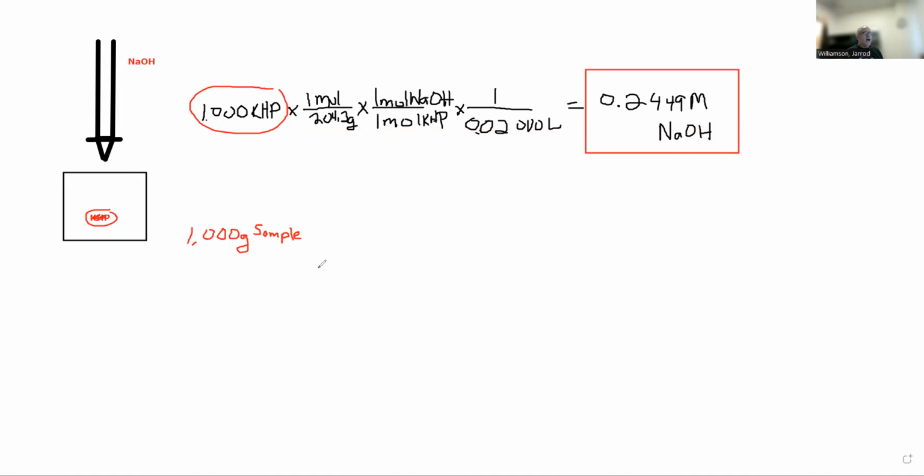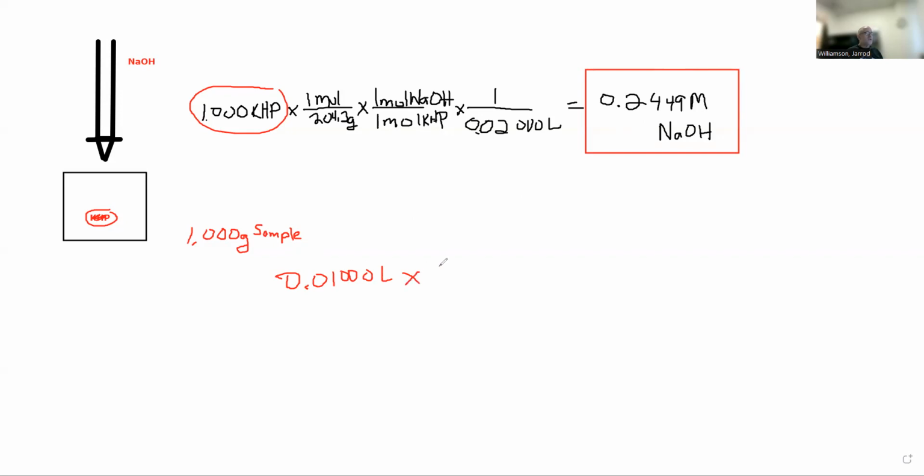And let's say I titrated it, and to reach the end point, again, I'm making up numbers, let's say it took me 10 milliliters. So 10 milliliters is 0.01000 liters of the sodium hydroxide.